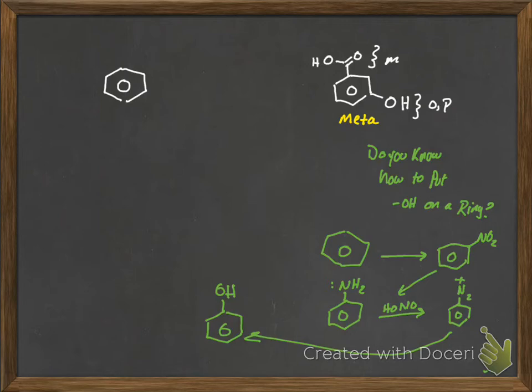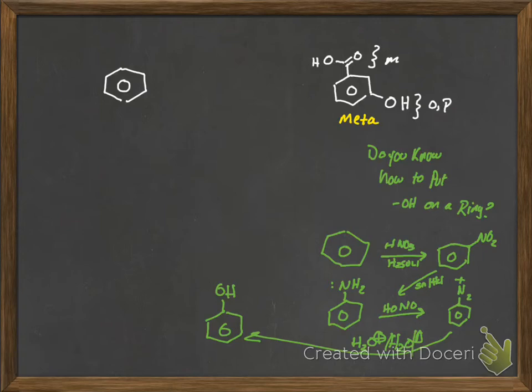Now, here are all the steps for this. Nitration, HNO3, H2SO4, reducing to the aniline, tin and HCl. And going over here from the diazonium to the alcohol, the phenol, it is acid, water, and heat. All right?